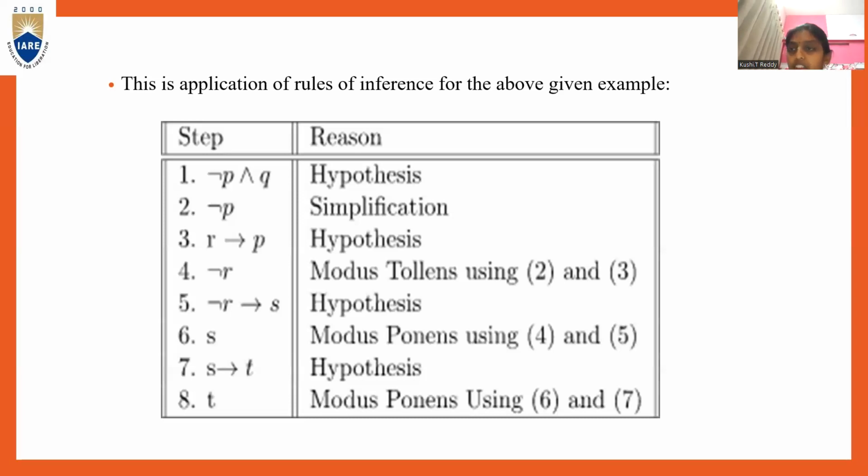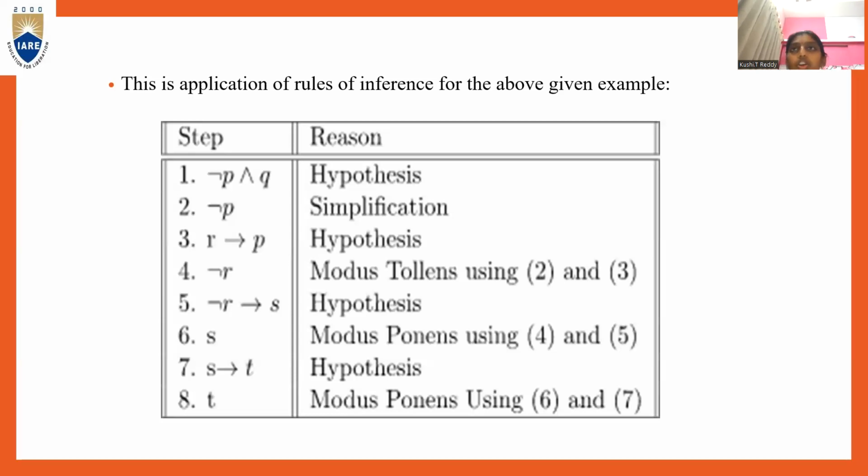So you have many types of inference rules, that is addition rules, simplification rules, modus ponens, modus tollens, resolution rules, disjunctive syllogism, conjunctive syllogism, simplification, etc. And you also have quantifiers, that is universal quantification, universal generalization, existential quantification and existential generalization.